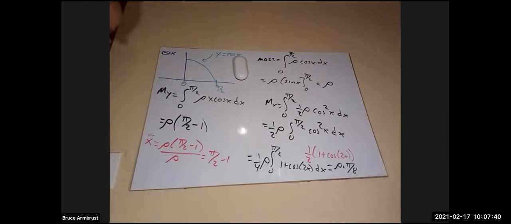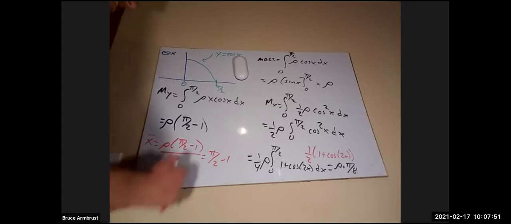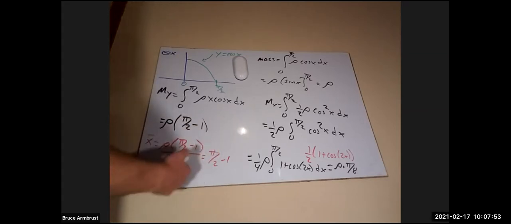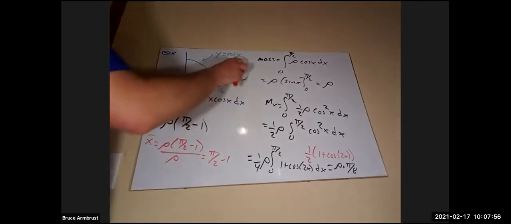So pi over 2 minus 1. It's around 0.57. All right, so there's the x coordinate of the center of mass.